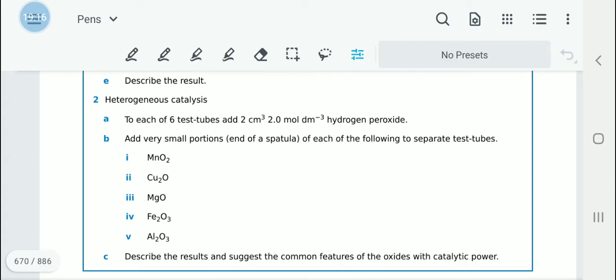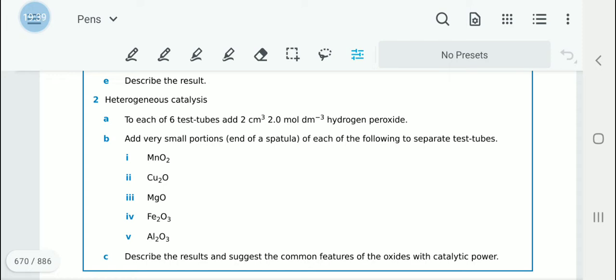So then you take the heterogeneous catalysis. You take hydrogen peroxide and different portions of other oxides: MnO2, Cu2O, MgO, Fe2O3, Al2O3.